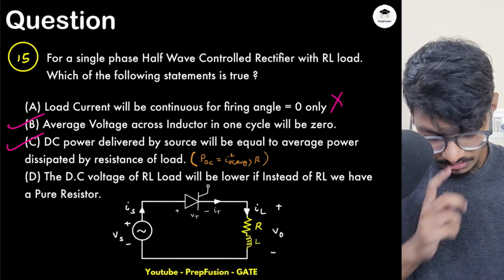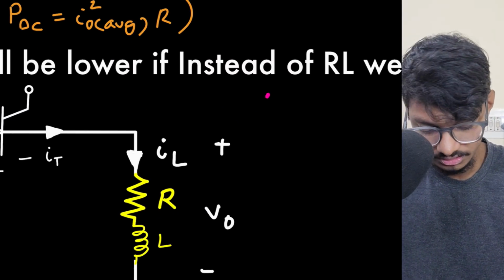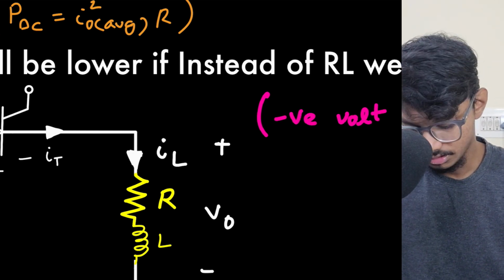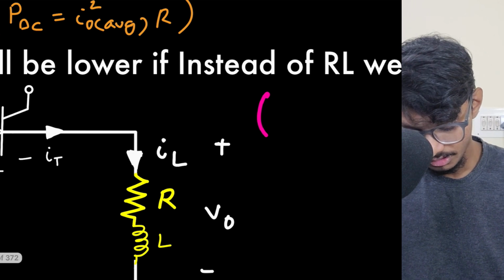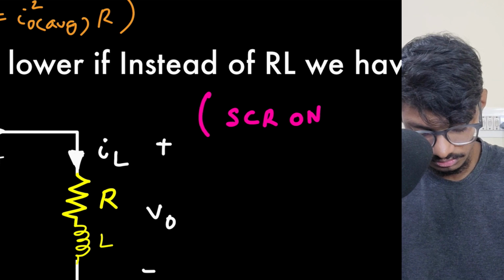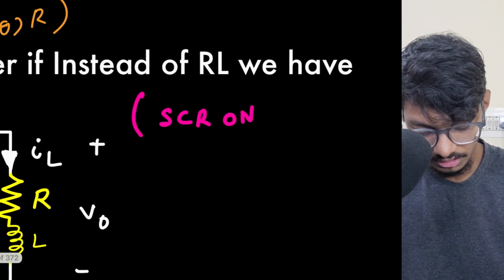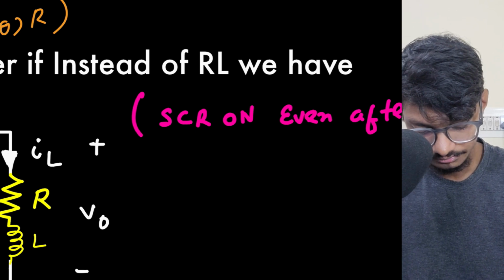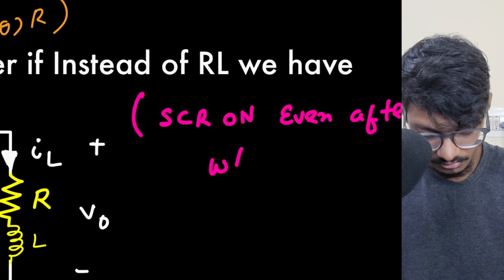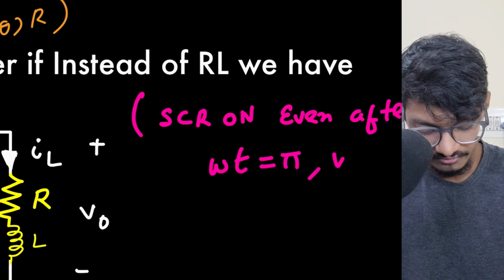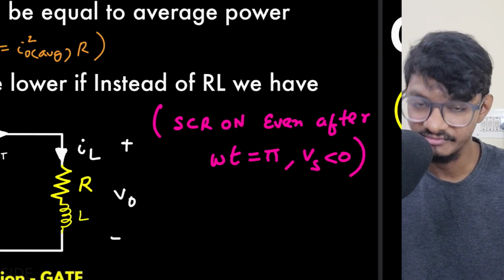Why? Because we get some negative voltage as the SCR is on even after omega t equals to pi, because after omega t equals to pi, my Vs goes negative and my Vo also goes negative.